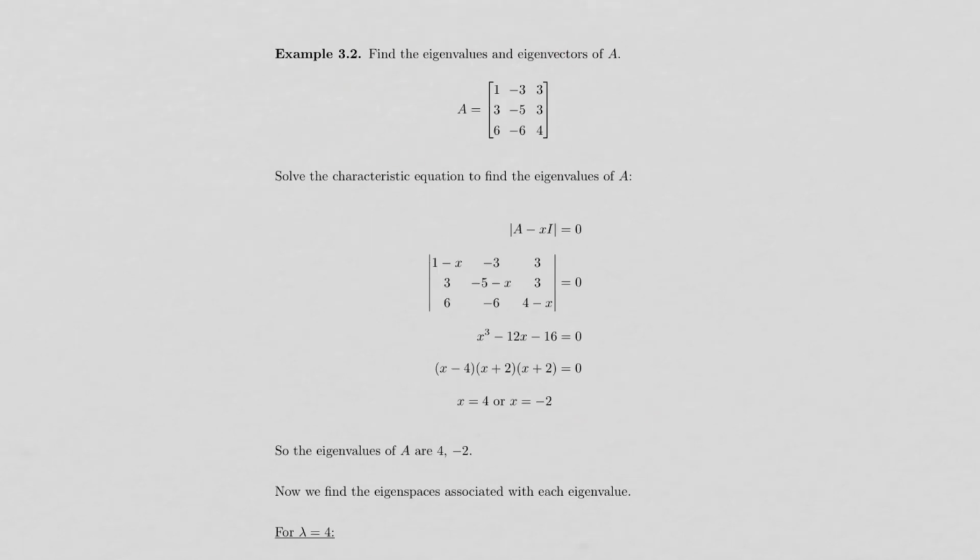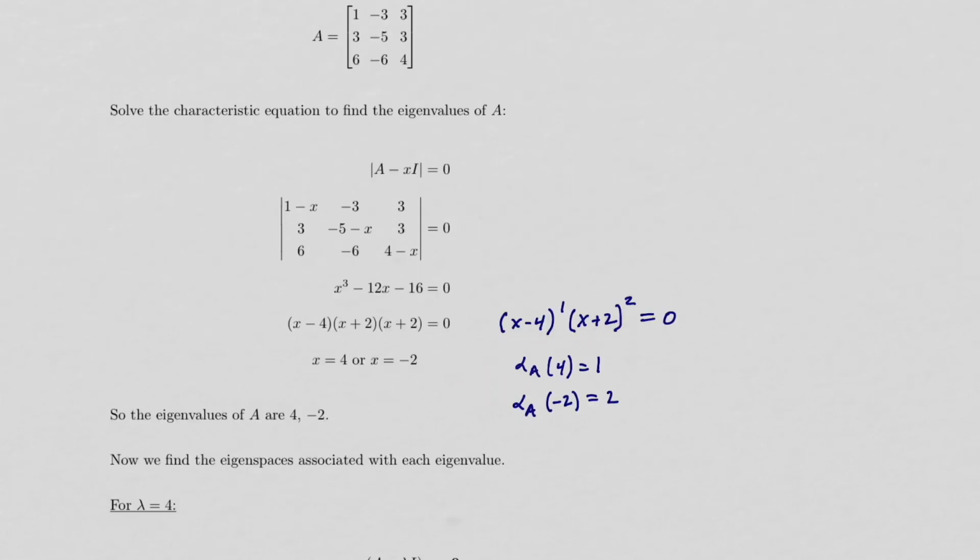In the second example, we had the 3 by 3 matrix A. When we factored the characteristic polynomial, we could have written the x plus 2 times x plus 2 as the quantity x plus 2 squared, like this. And if we did that, then we can see the algebraic multiplicity of 4 is 1, and the algebraic multiplicity of -2 is 2.